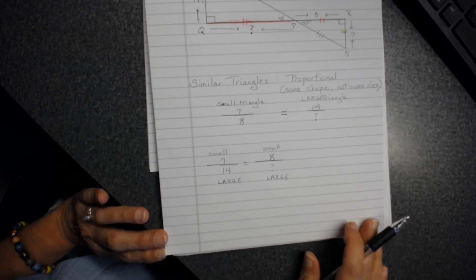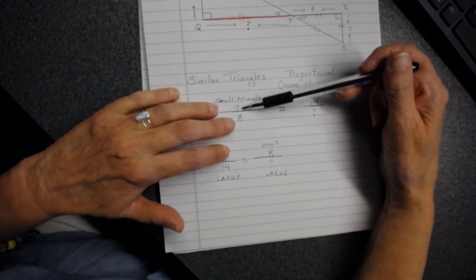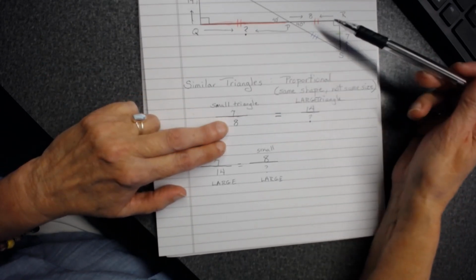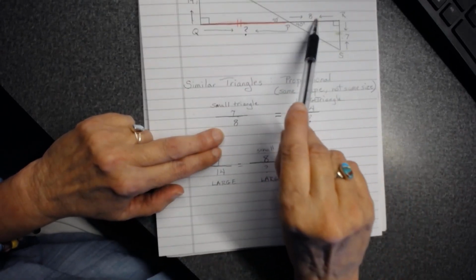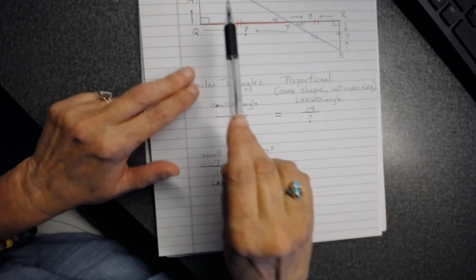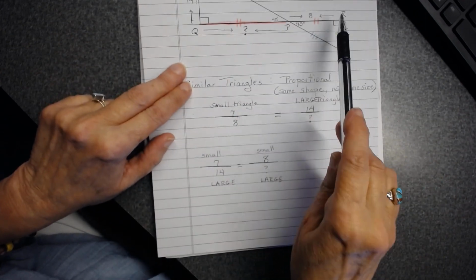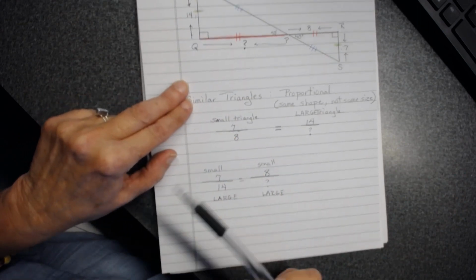All right, so we've got our proportions set up. Let's just use the top one here. We have 7 is to 8 as 14 is to question mark. This side is to this side as this side is to this side.